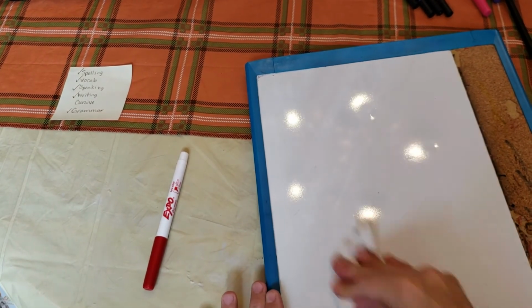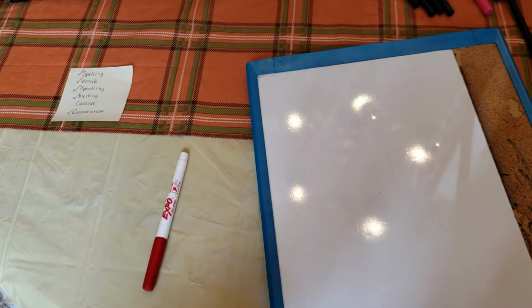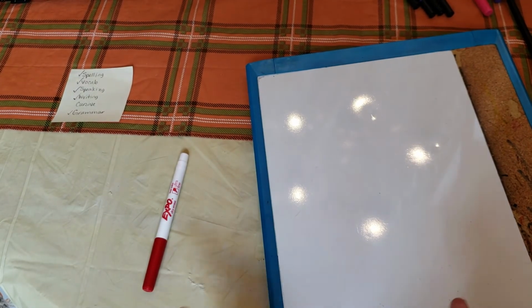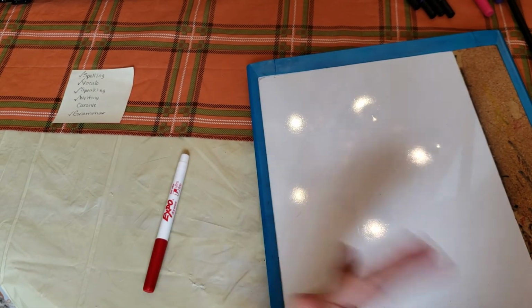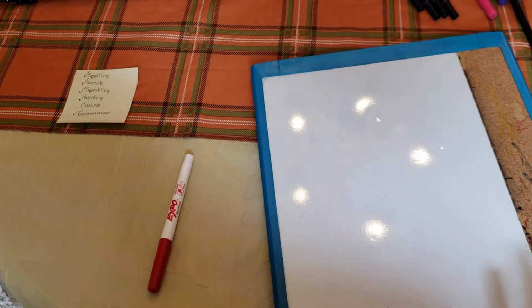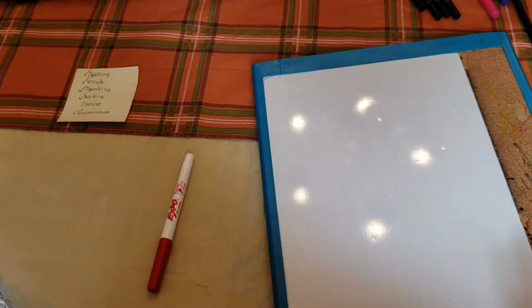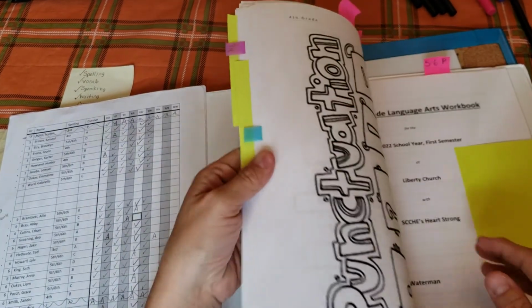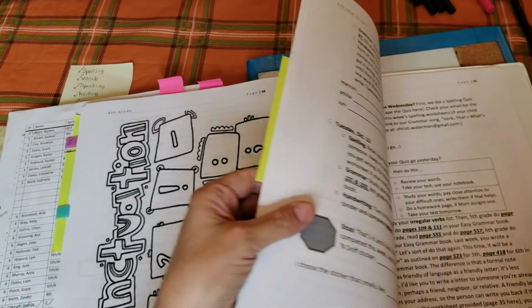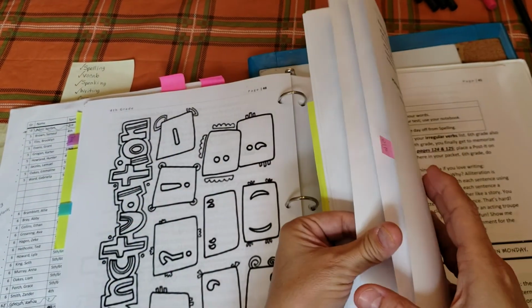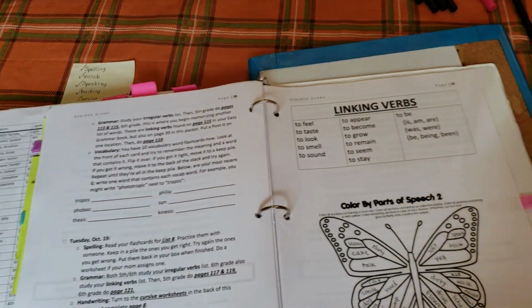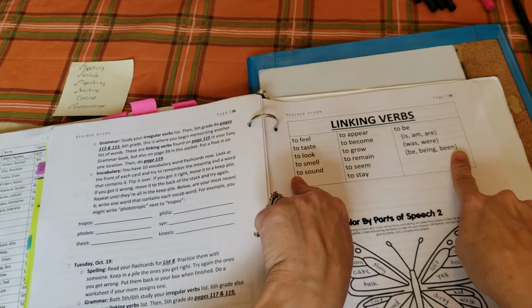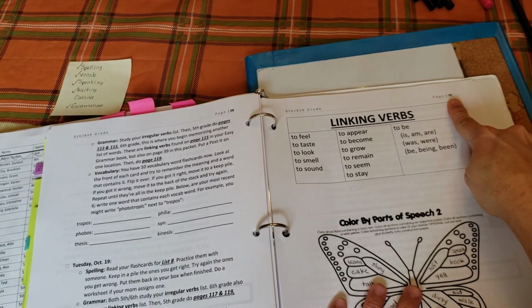Okay, now 5th and 6th grade, you guys are working on linking verbs. Well, 6th grade is working on linking verbs this week, and 5th grade will work on linking verbs the following week. I'm going to reach over here real quick and grab my teacher book because I have it all printed out in here for 5th and 6th grade. Okay, so we've got linking verbs right up here, and that's going to be on your page 39 in your book.